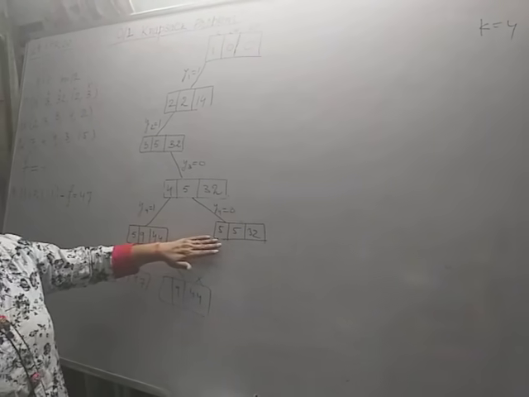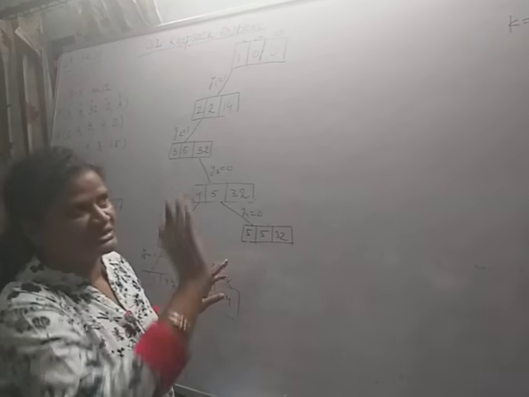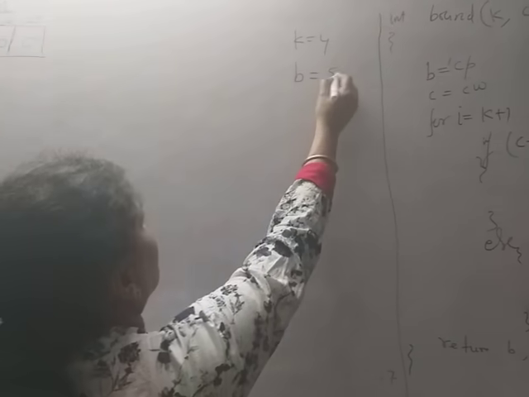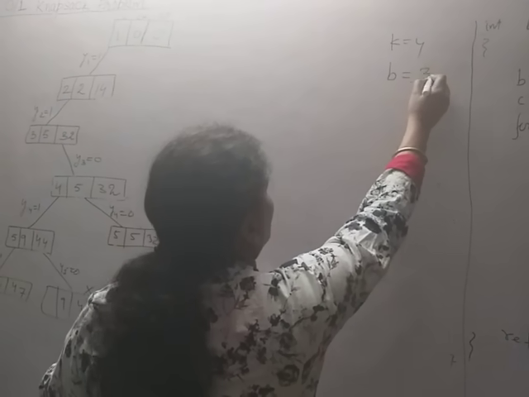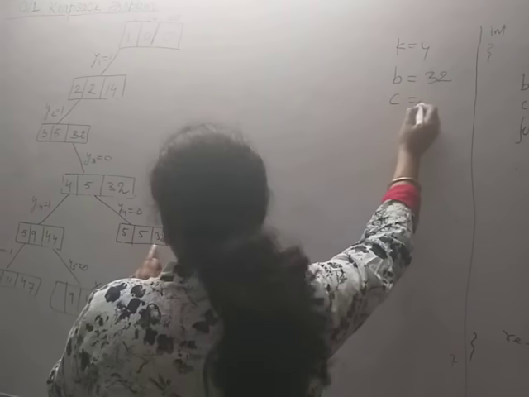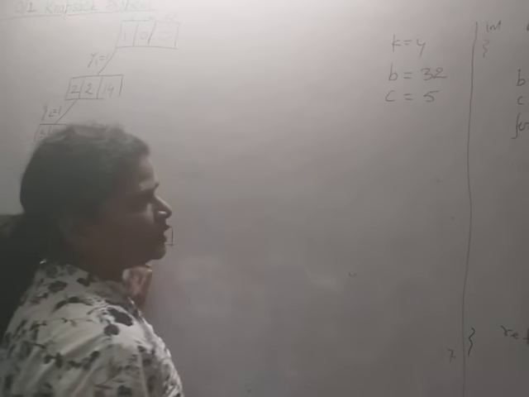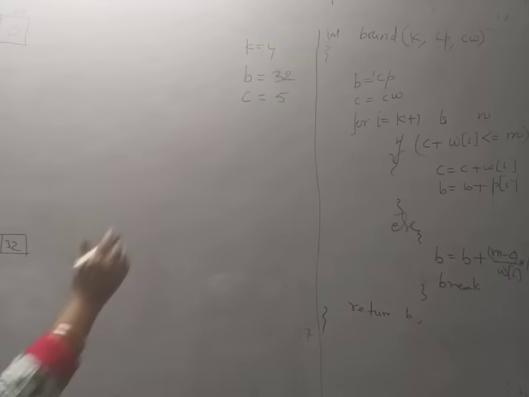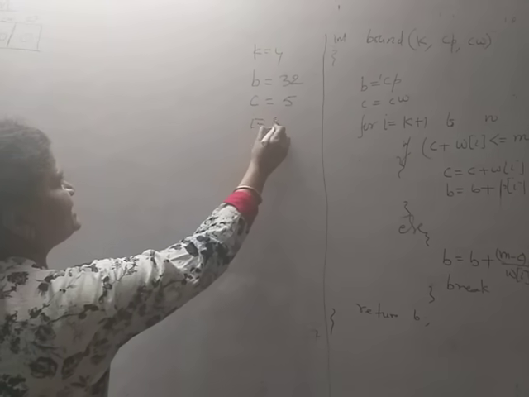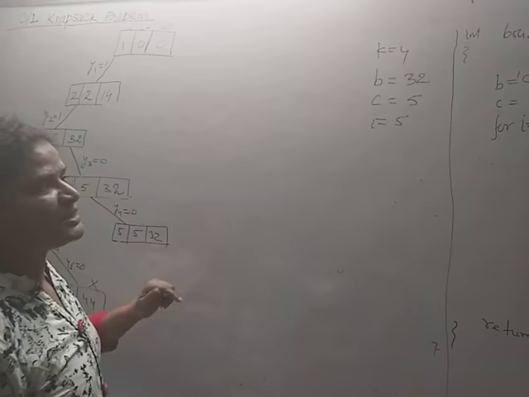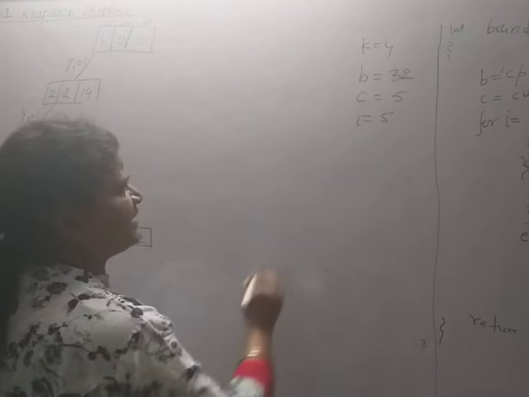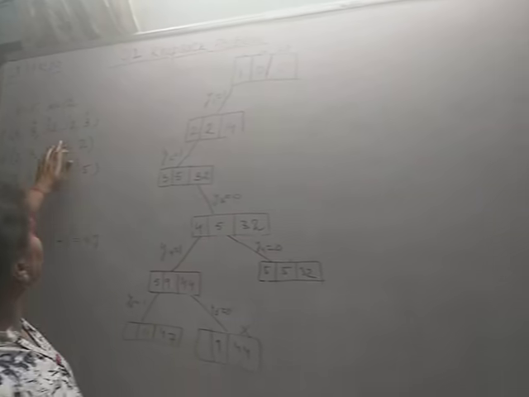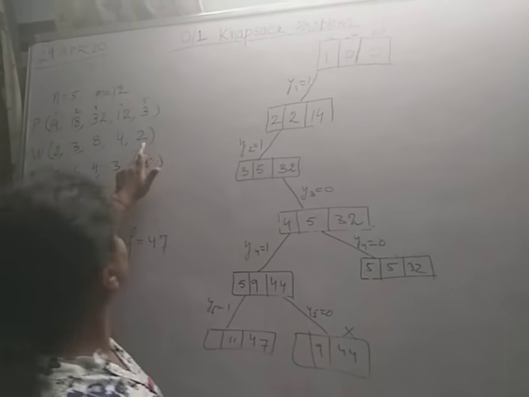So when we are excluding the kth weight, again I will trace this. At this time the current profit b equal to 32, and c equal to 5. Now the loop will run from k plus 1 to n. So here i equal to k plus 1, that is 5. C plus wi, so c is 5 and W5, since we are excluding the fourth weight, W5 is 2.